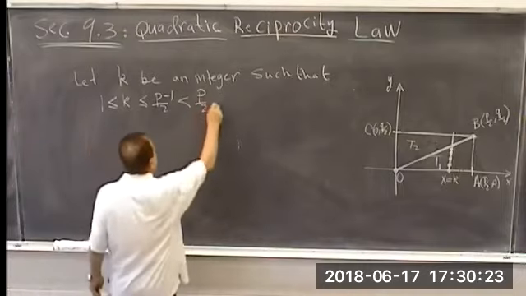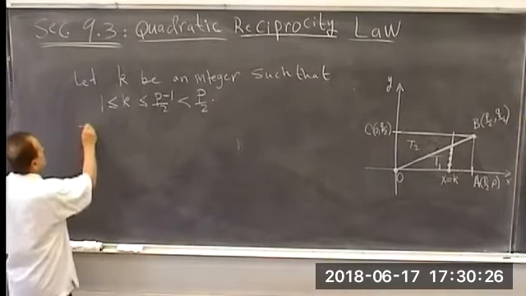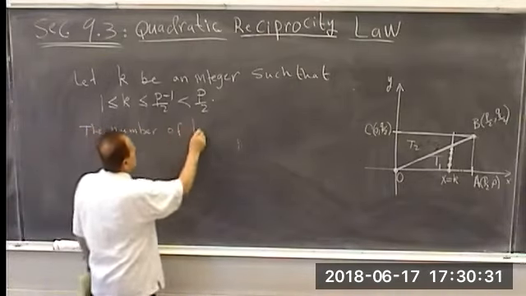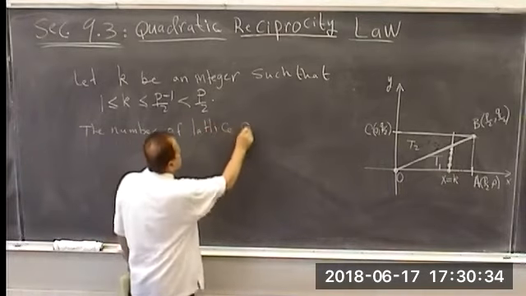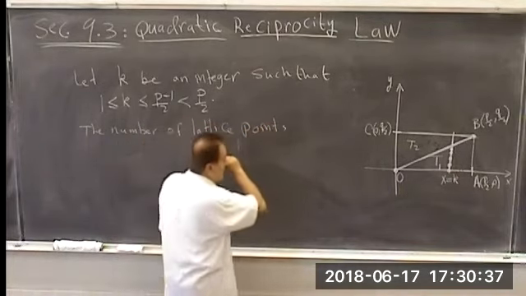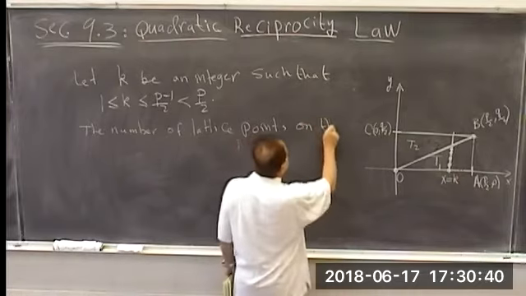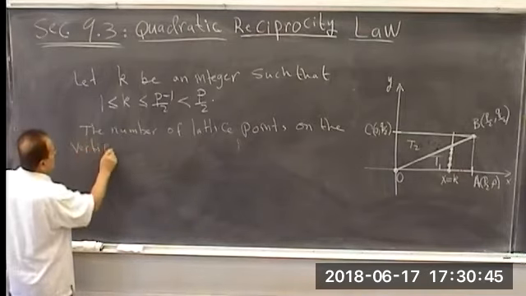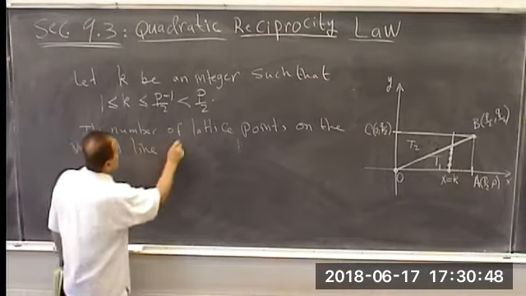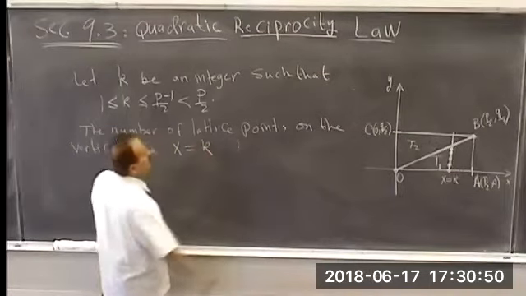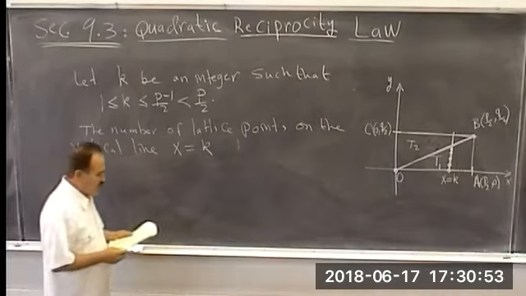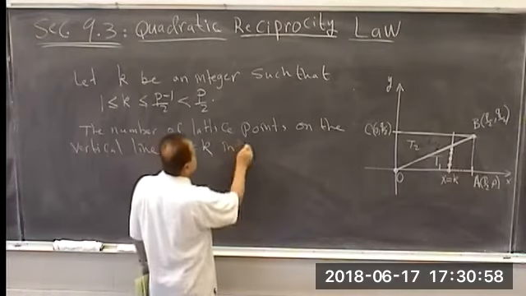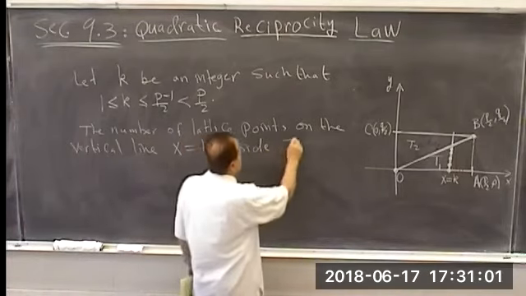And we're going to look at the number of lattice points on this vertical line whose equation is x equal k. All right? And I want this one to be inside T1.